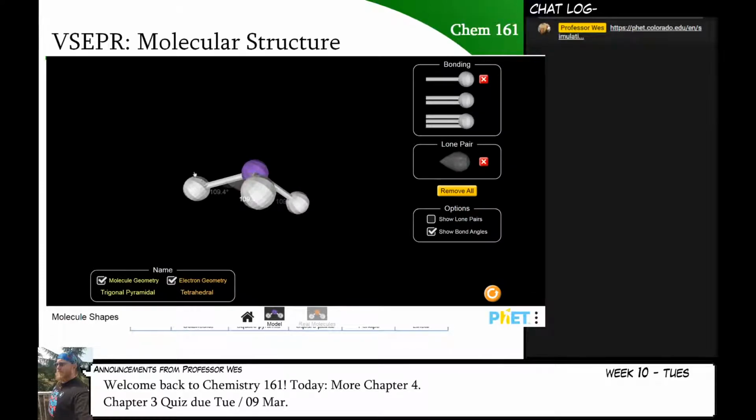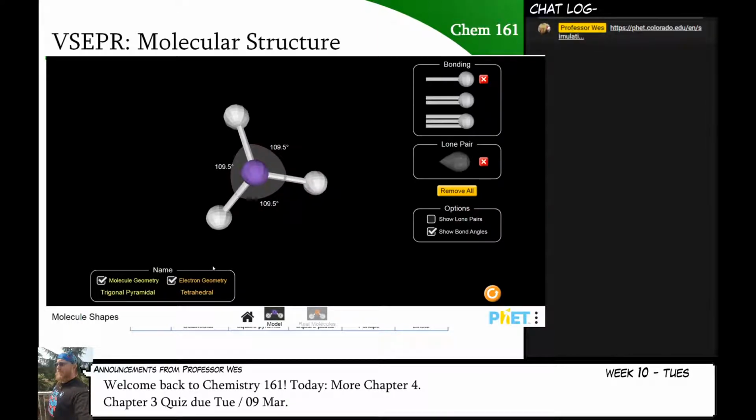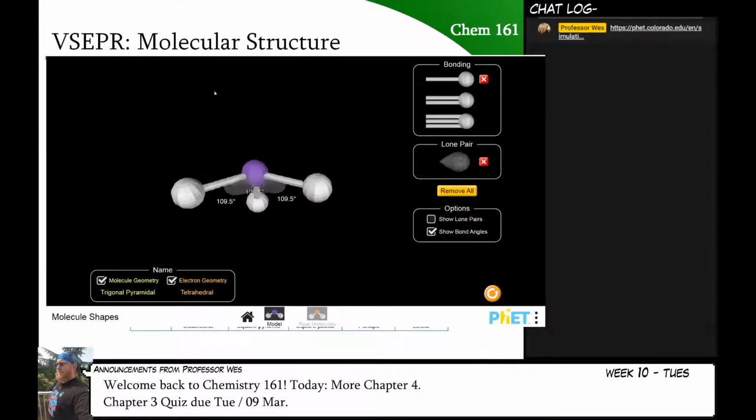It's important to note that this is not flat. You can see that this central atom is raised above my other 3 to make a little pyramid. It is not trigonal planar. If you look at it like this, you could be fooled into thinking that if you just ignored the bond angles or if they weren't turned on. That's pretty convincing, but they totally aren't in the same plane. So just be careful with that.